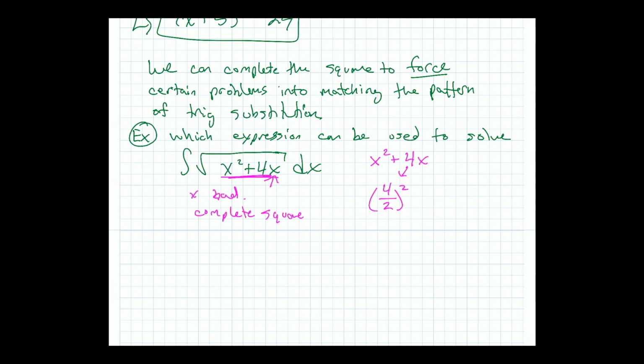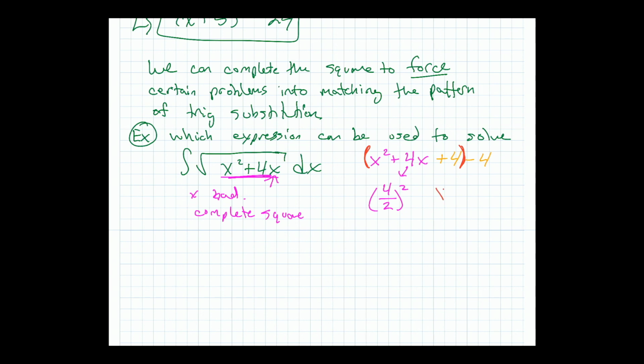So you just take this and you go plus 4 minus 4, like that. Once you have that, throw some parentheses around here. And then we factor the part in parentheses. So what is x squared plus 4x plus 4 going to factor into?